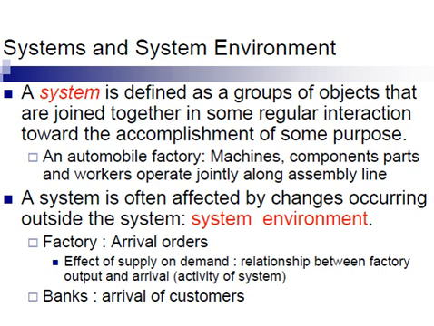This environment, arrival of customers, is affecting my system, and my system is the bank. So if you have more and more customers entering your bank, you will have more and more people waiting in the queue.